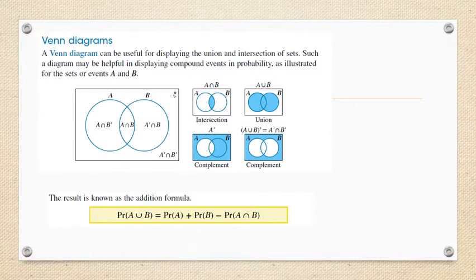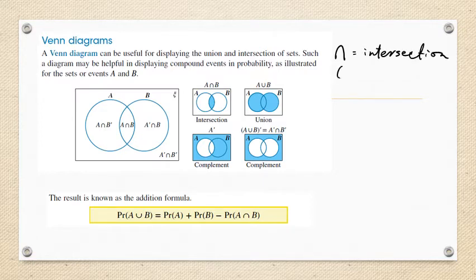Okay, Venn diagrams show us what's happening with everything that's happening within the set. Now, there are different things you need to be able to read from Venn diagrams. Just a reminder, this means intersection.